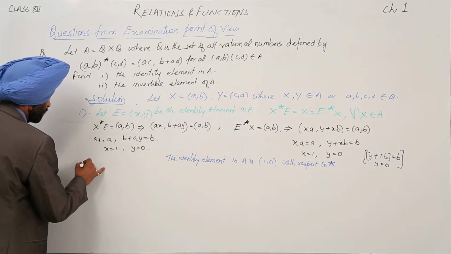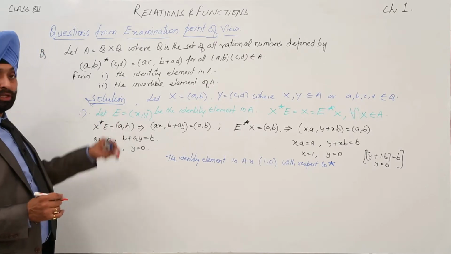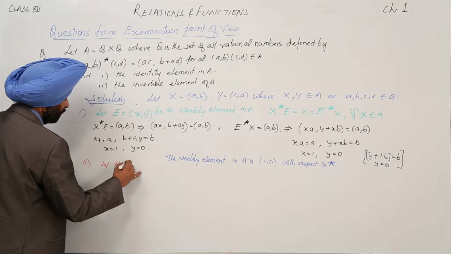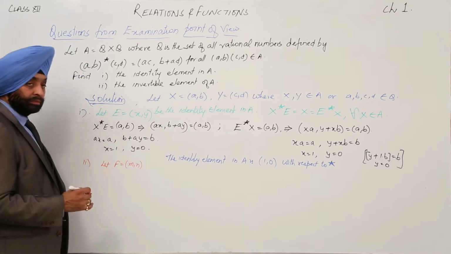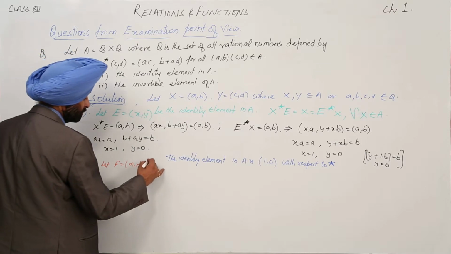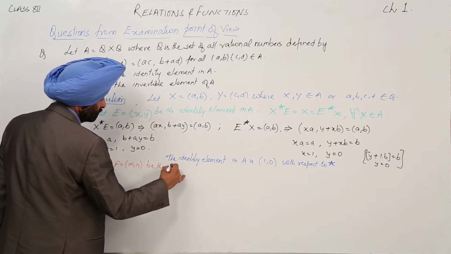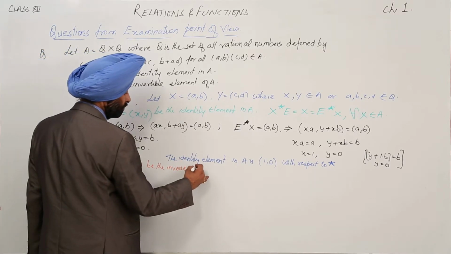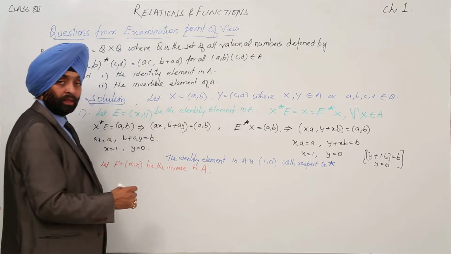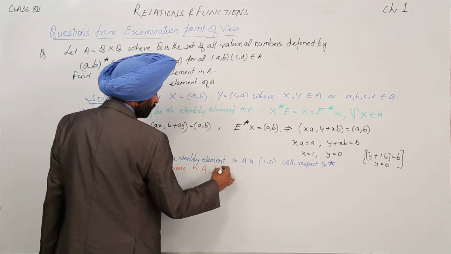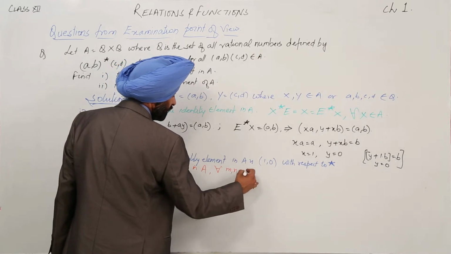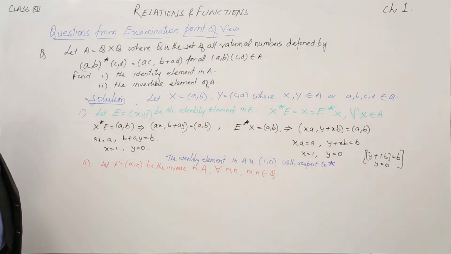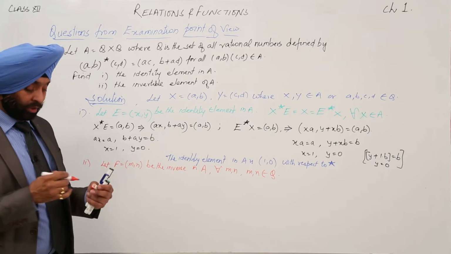Now similarly for the second part, here we have taken let E is equal to (x, y). Now let us take another thing, let f is equal to (m, n) be the inverse in A for all values of m, n, where m, n belongs to Q. Now for the inverse part, what are the conditions?